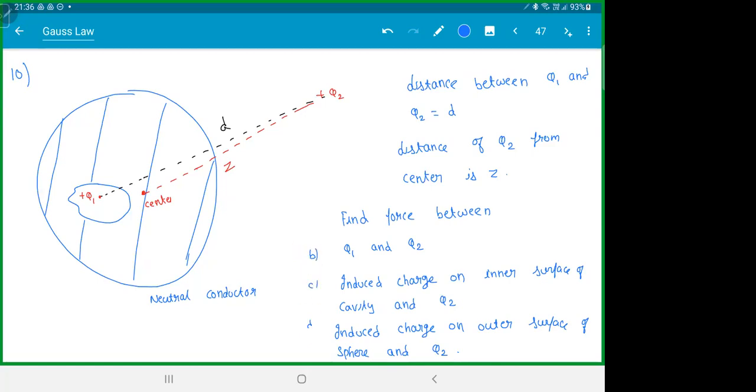First, show how the charges will look for this system, approximately. Then find force between Q1 and Q2. Then find the force due to the induced charge inside the cavity and Q2. Then the outside charge and Q2. Just give it a try. I'll be back in a minute.